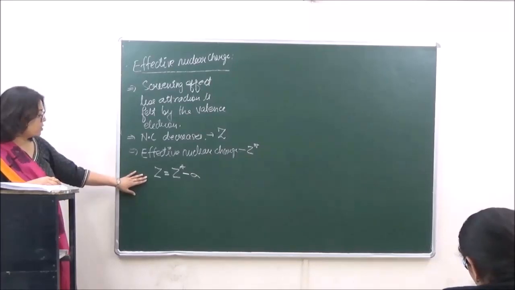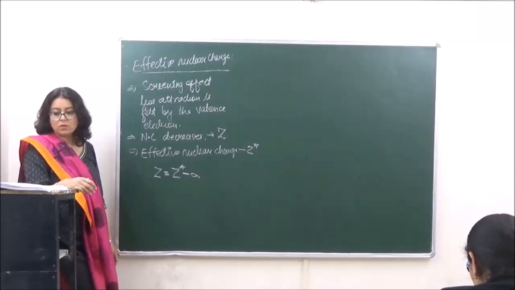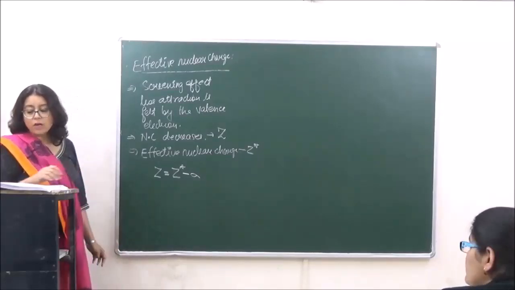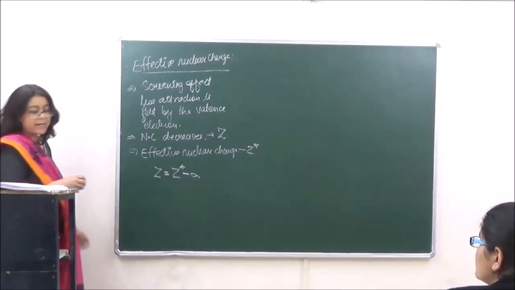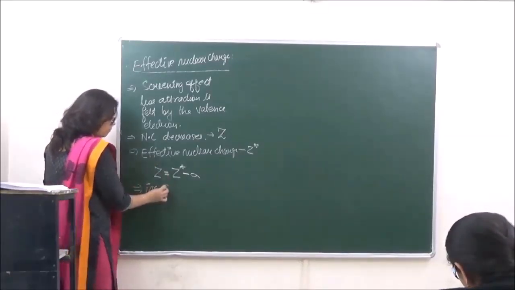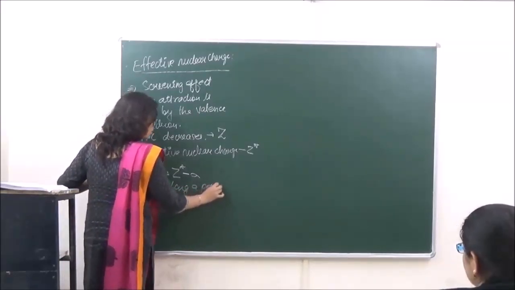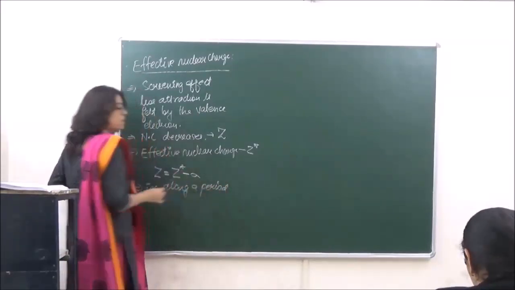Okay, so nuclear charge is going to be equal to effective nuclear charge minus the screening constant. Now when we are talking of effective nuclear charge, it increases along a period.